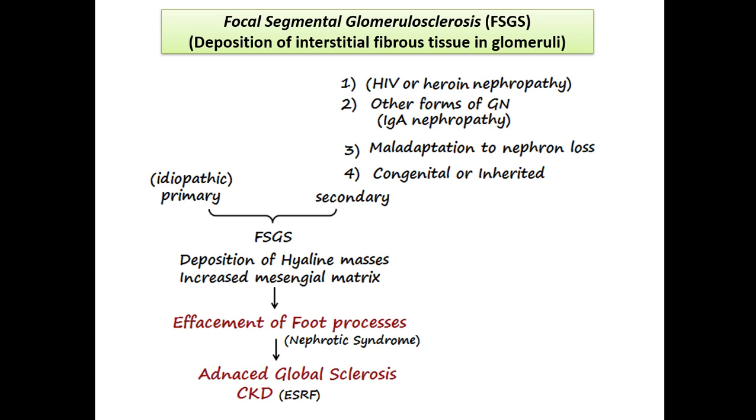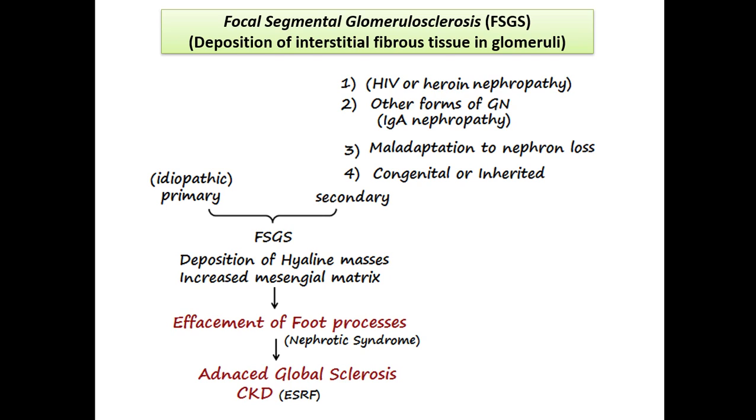Basically, the starting problem in FSGS is the loss of, or effacement of, the foot processes, followed by the hyalinosis, followed by the glomerulosclerosis.